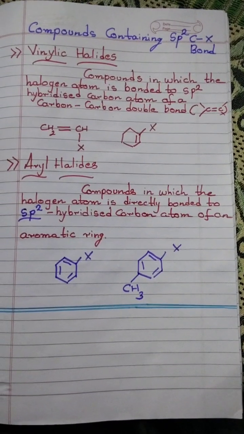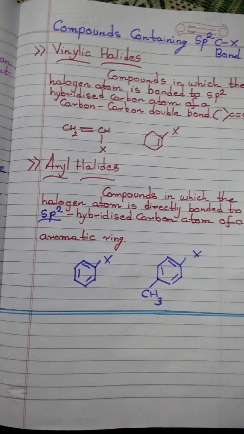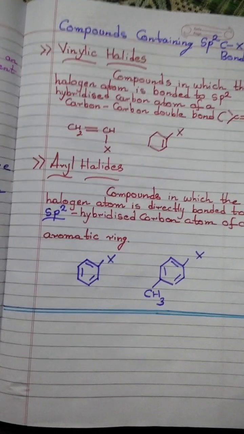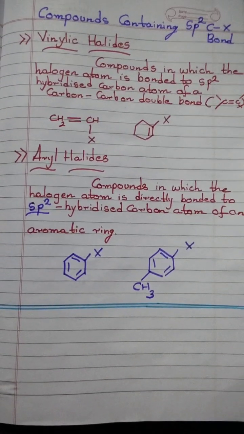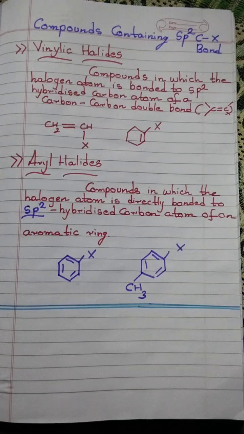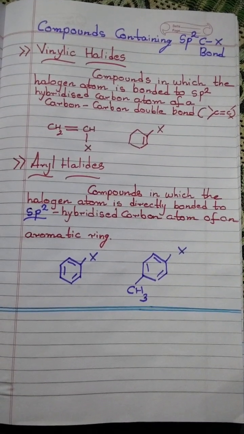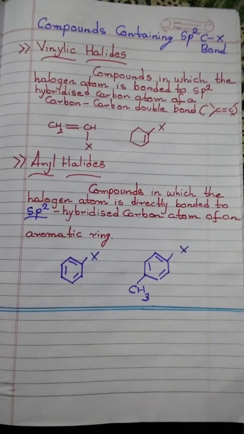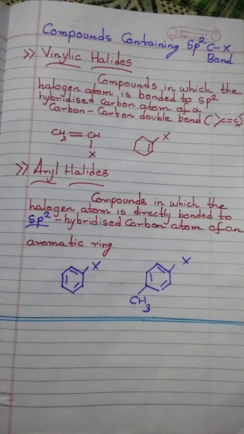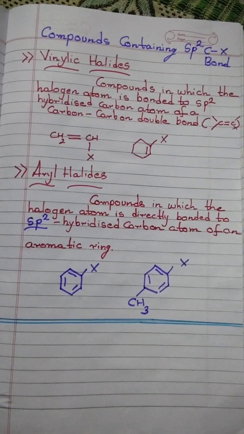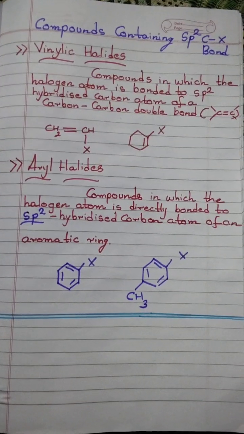Here the halogen atom is directly attached to the double bond, that is chloroethene, or we can have an aromatic system too. Next, the last topic coming under sp2 carbon bonded to a halogen atom is aryl halides, compounds in which the halogen atom is directly bonded to an sp2 hybridized carbon atom of an aromatic ring, that is bromobenzene, etc.